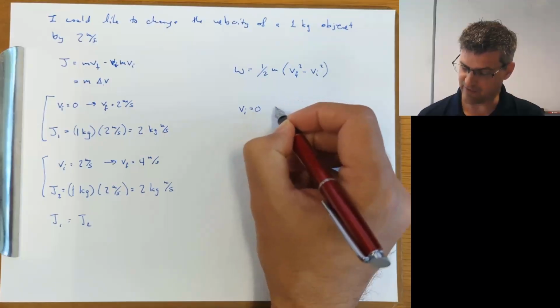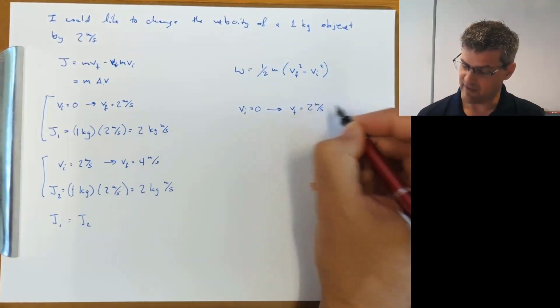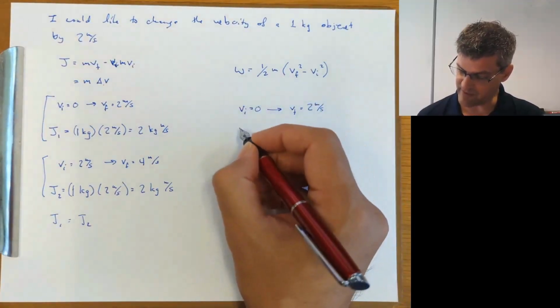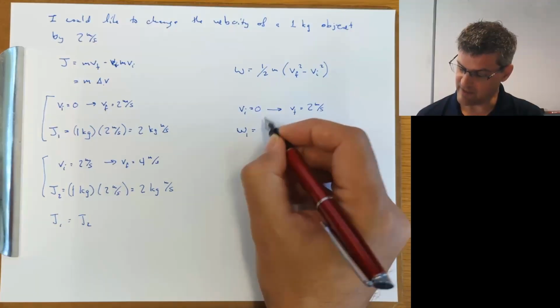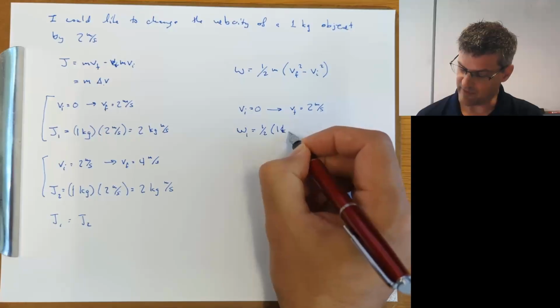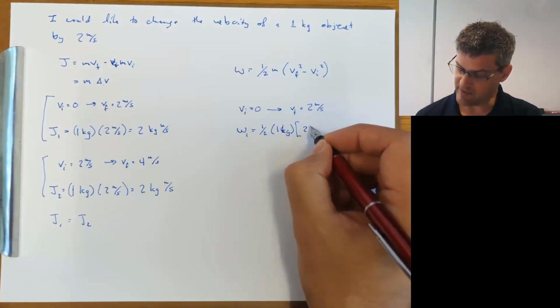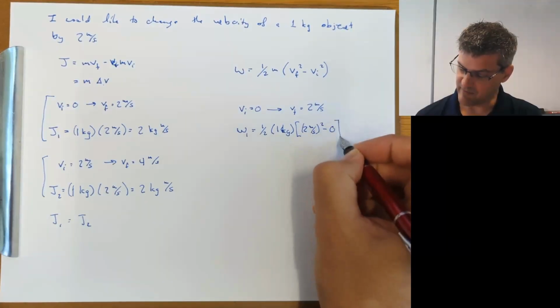So if we were to look at the scenarios shown here, let's say we wanted to go from VI equals 0 to VF equals 2 meters per second, and we wanted to find out the work that was associated with this. Work 1 is going to be 1/2 times 1 kilogram, but now we've got (2 meters per second) squared minus 0.